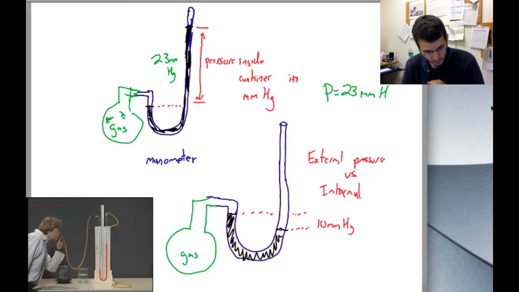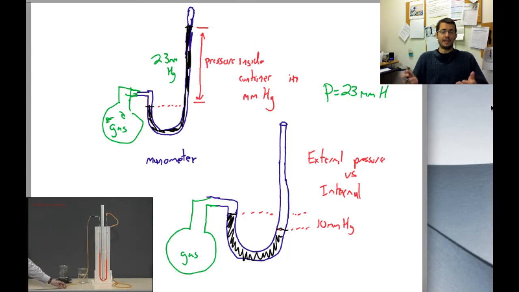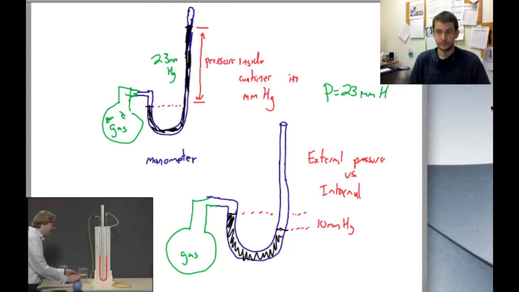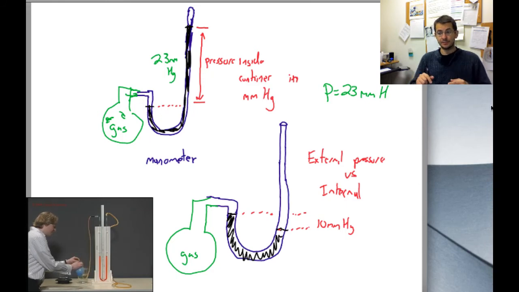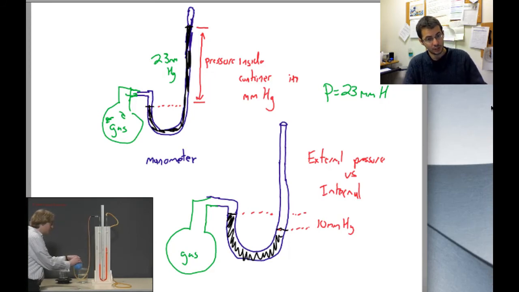If you've ever blown into a straw, you know how the manometer works. By exerting a positive pressure, you're displacing the mercury from the tube.